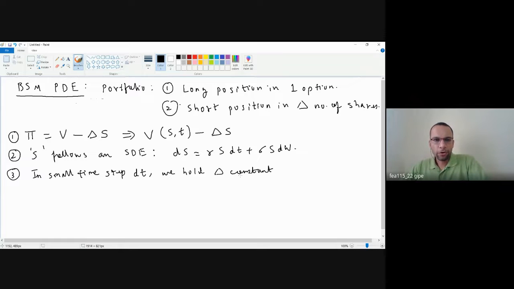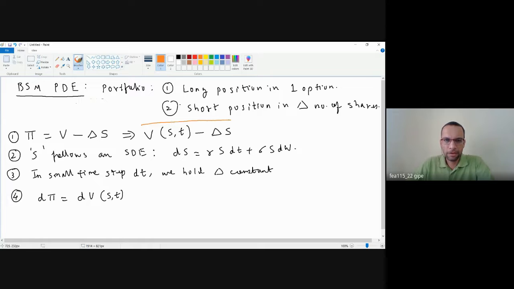Now, if I want to see how exactly my portfolio value is changing in this time step, this is where I want to work on something like a d pi. That is, I want to understand d pi. I would like to say d pi is equal to dV of S, t, minus, since delta is remaining constant, delta into dS. I'm just keeping this as it is so that it looks very similar to the way we have written it here.